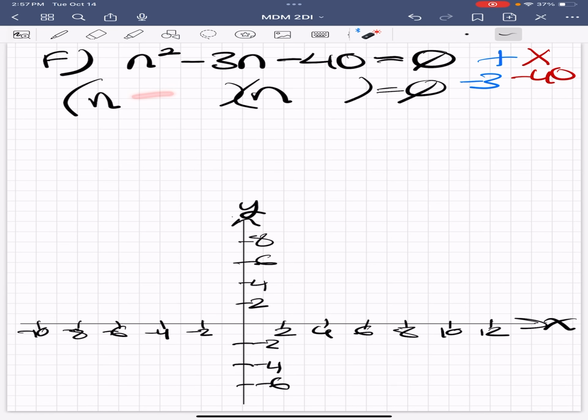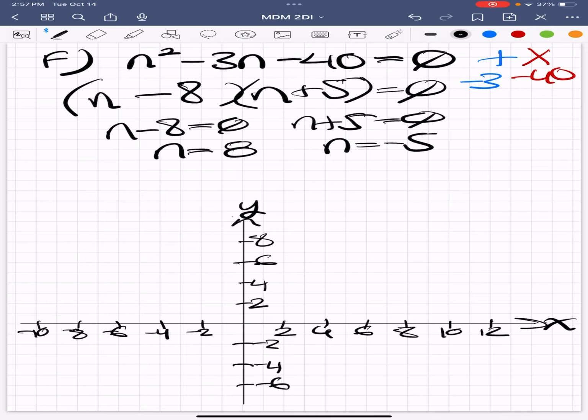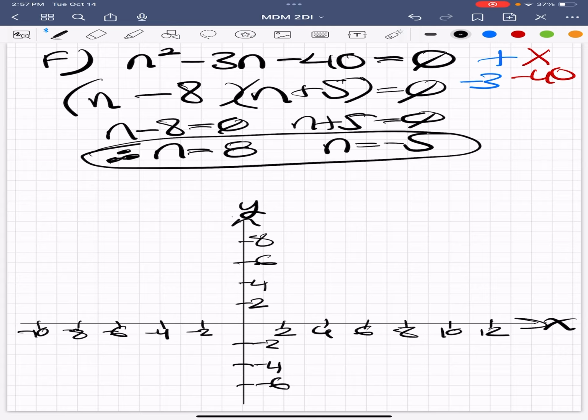So I think negative 8 and positive 5. And then we need to set each piece of the equation equal to 0, and then solve for n. n equals negative 5, and that is our answer.